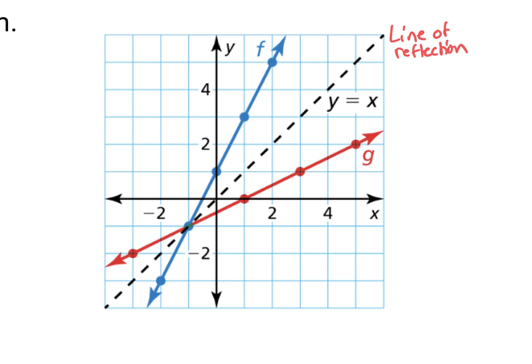And just like, remember how our axis of symmetry mirrored the points? That's what the line of reflection does. It's just on an angle this time instead of straight up and down. And so any point on the line of reflection doesn't move. But if I look at this blue one down here, see how it reflected across onto the red one? This blue one up here reflected across onto the red one.